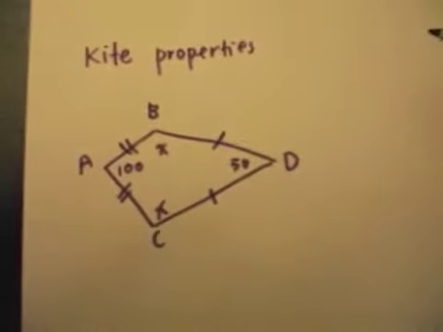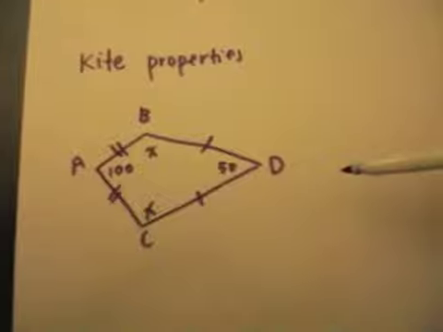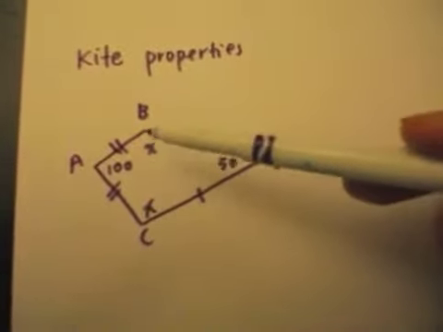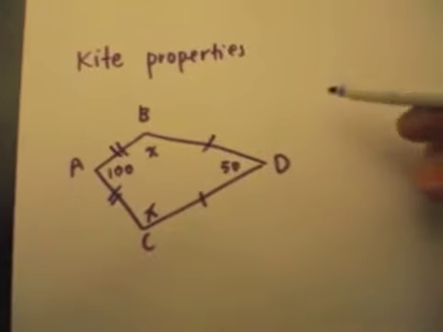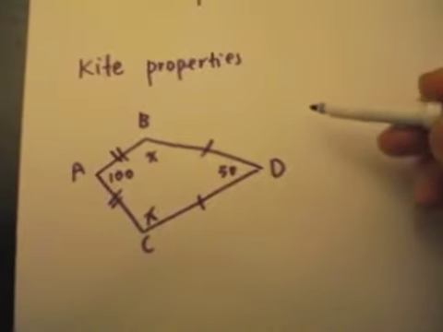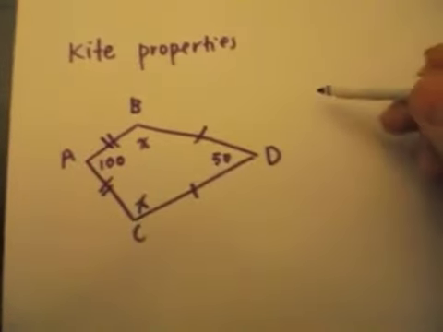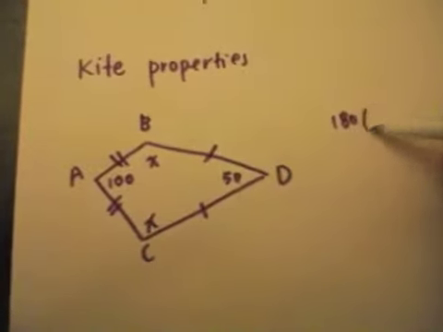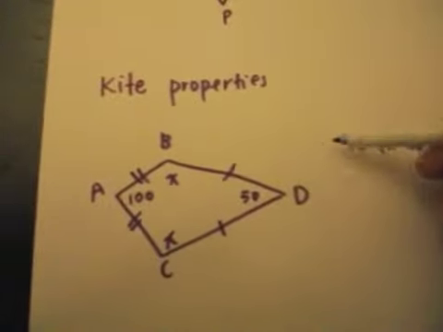Alright, so now this requires a little bit of knowledge from the past couple of lessons, but you need to know that the sum of the angles of a quadrilateral, a four-sided figure, add up to 360. And if you didn't know that, then you can use this formula to help you: 180 times n minus 2, where n is the number of sides.